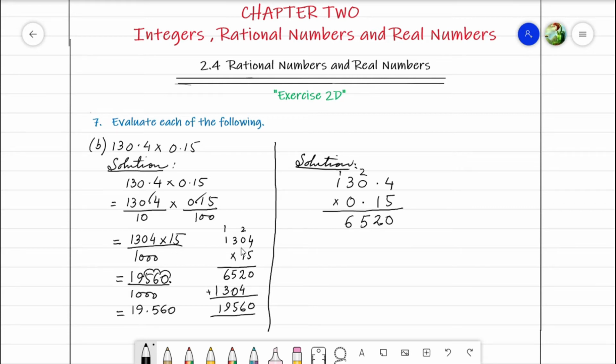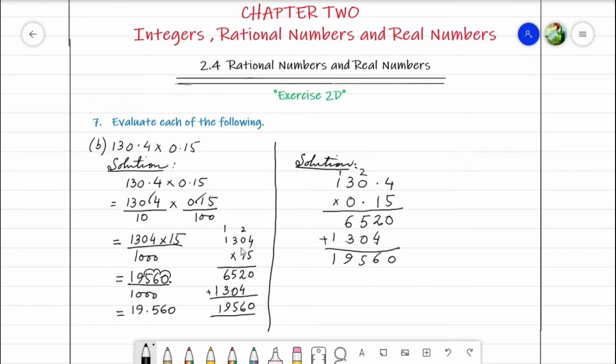I will write 6 here. Now 1 4s are 4, 1 zeros are 0, 1 3s are 3, and 1 1s are 1. Now I will add them: 0, 6, 5, 9 and 1.